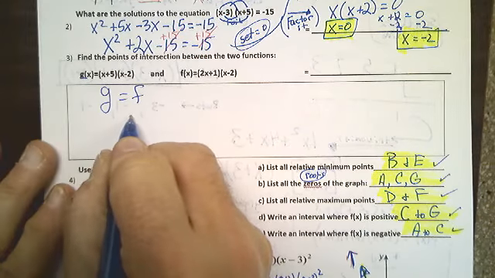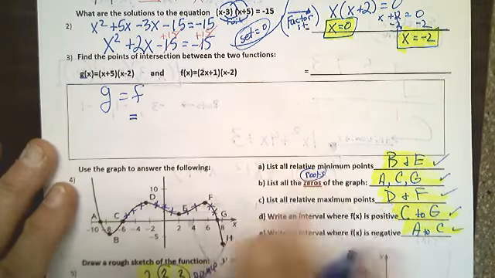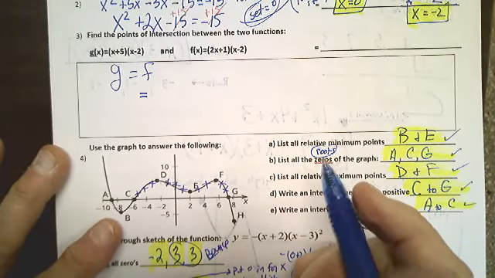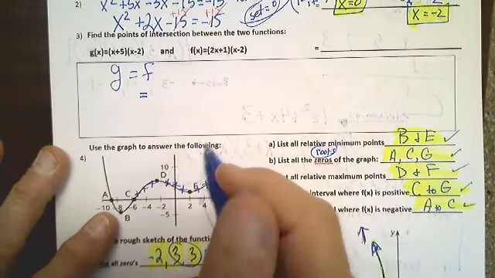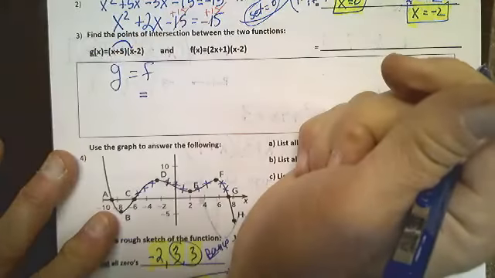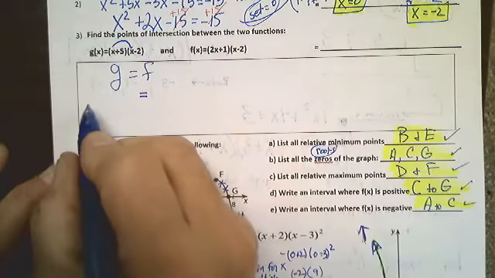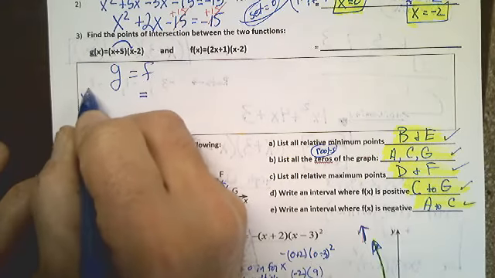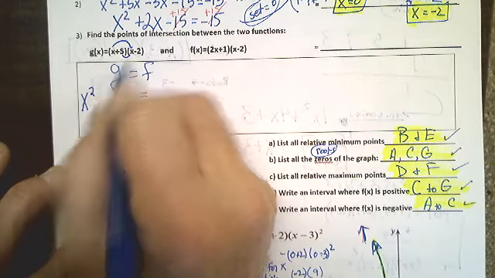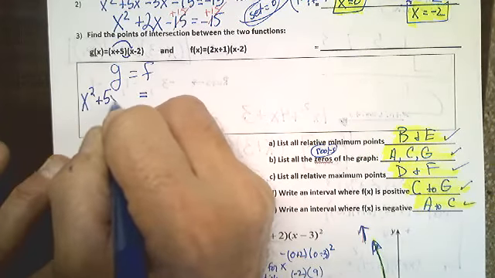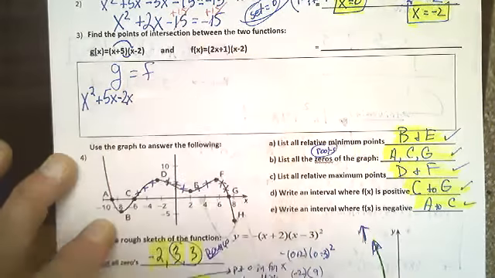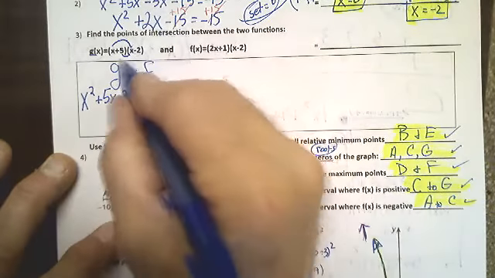Okay, he's doing this in his head, so I'm going to write it out for you: 5x minus 2x, and then what's your last term there, Mr. Fox?